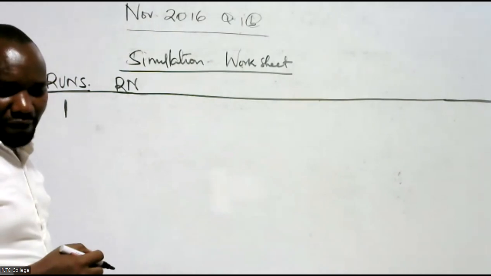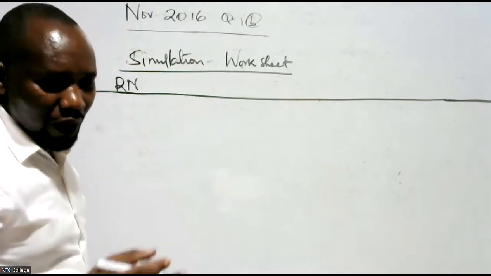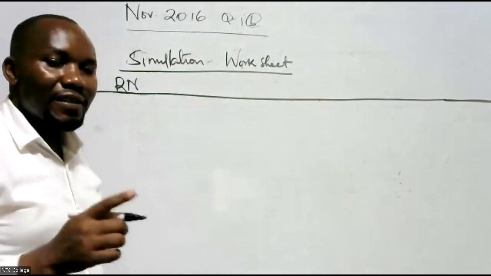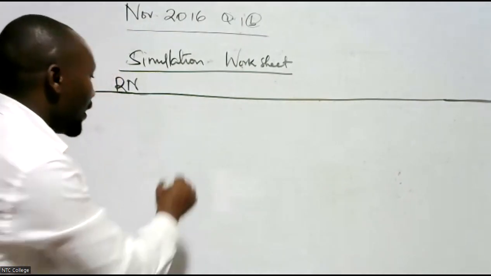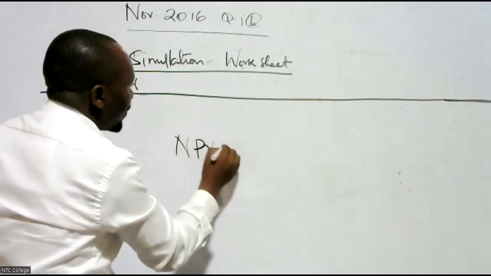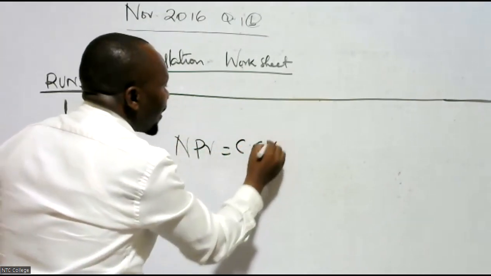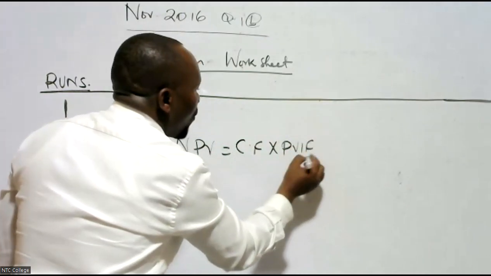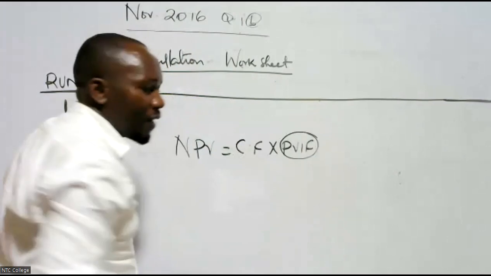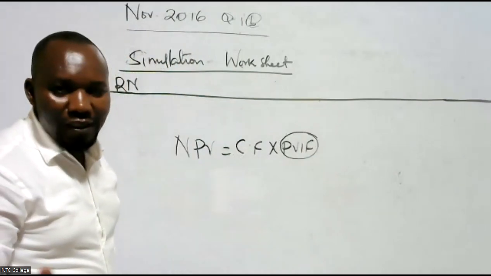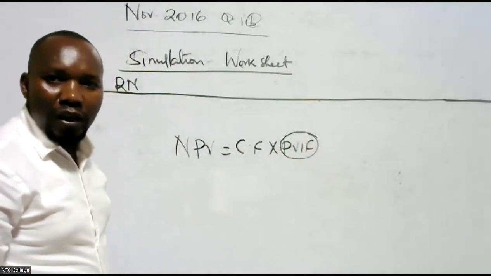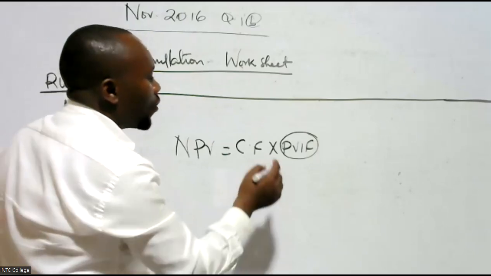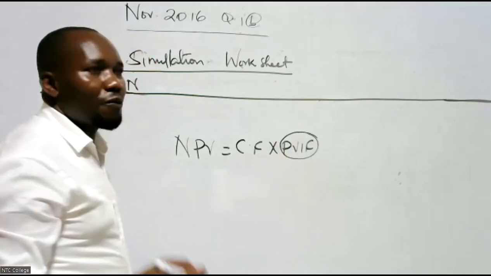What do we require when you are getting your NPV? The first thing is the cash flow. So NPV is always cash flow times PV. And now we know we can get the discounting factor. Why? Because we've been given 16%, we can get the discounting factor because already we have 15%. And what we are given again is the number of years.